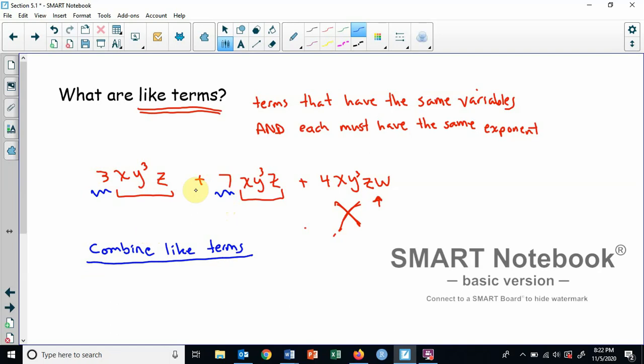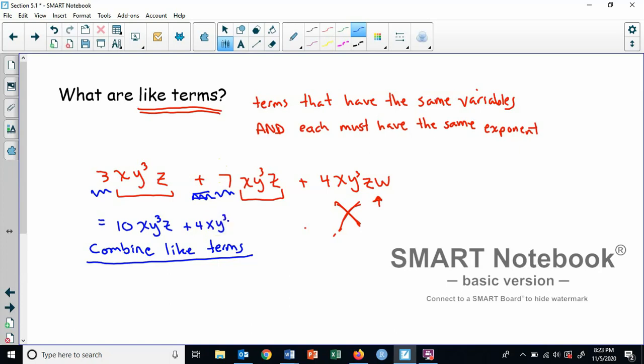So the idea is, we actually look at the operation too. So we have 3 of these plus 7 of these, and that would give us 10 of those. Now notice when I add or subtract like terms, I do not change the term part, just the number out front. I just add or subtract the number out front.